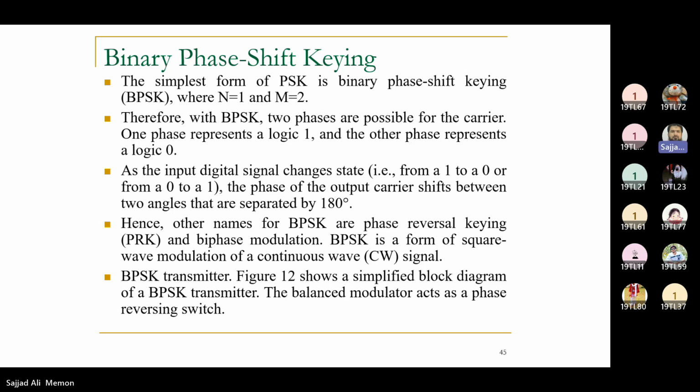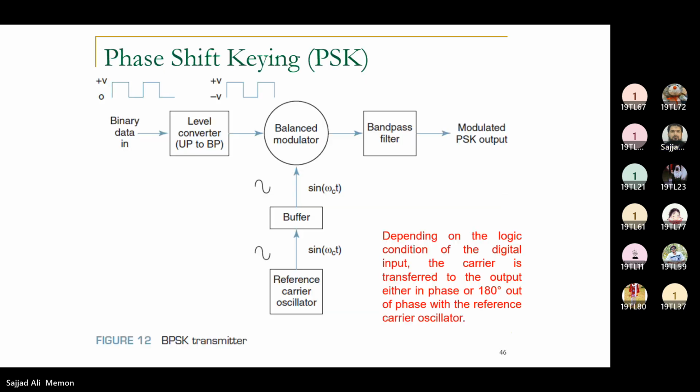Figure 12 shows a simplified block diagram of a BPSK transmitter that uses a balanced modulator as a phase reversing switch. Here is this balanced modulator. You can see we have a level converter that converts a unipolar signal to a bipolar signal.